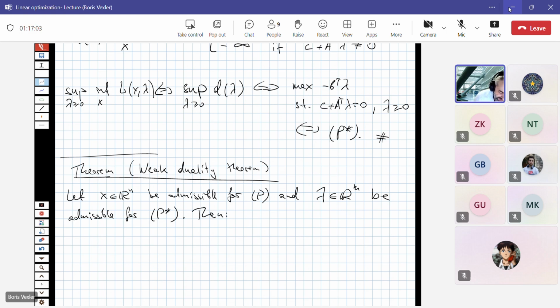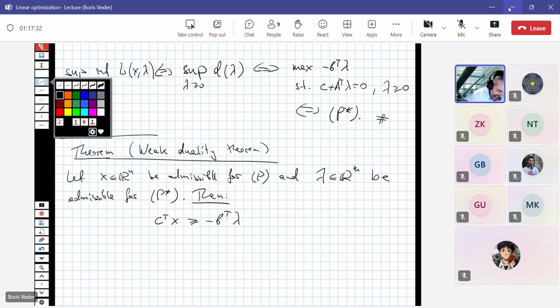Then we have the following inequality: c transpose x is larger or equal than minus b transpose lambda. This tells us that the functional which we maximize in the dual problem is always a lower bound for what we minimize in the original problem. This is the statement.